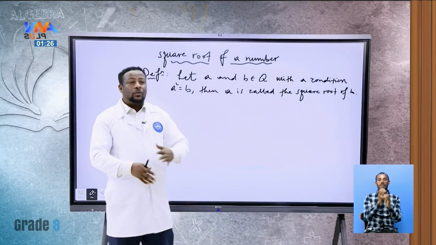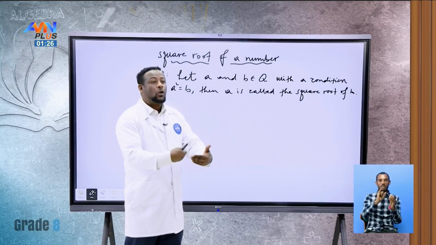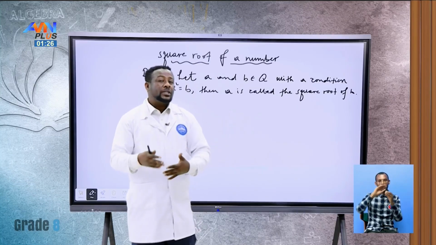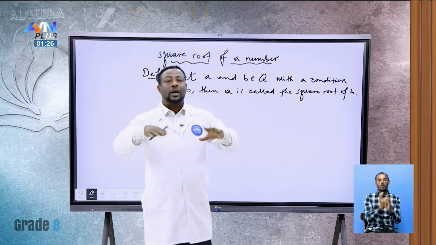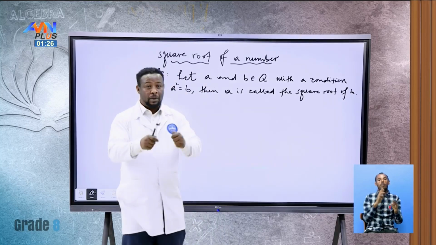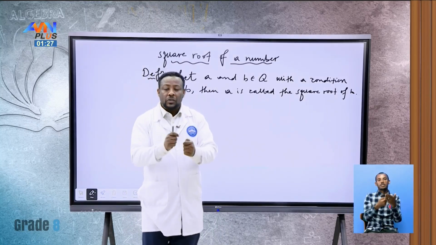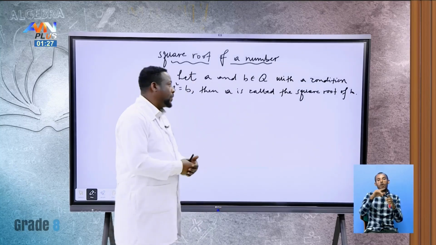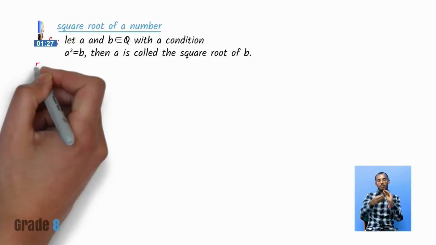Calculating a square root of a number is the reverse operation of squaring a number. As you remember, we have seen how we can calculate the squared value of a number. Here, when we come to the square root of a number, this process is the reverse operation of the squared value of a number. So let's see examples.